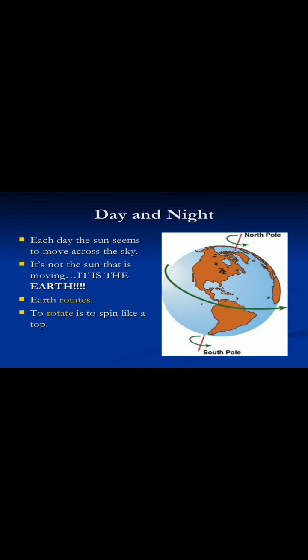So we experience a day, and when we are away from the sun, we experience night. When the earth is exactly in front of the sun, we experience noon, but when it is exactly away from the sun, it is midnight.